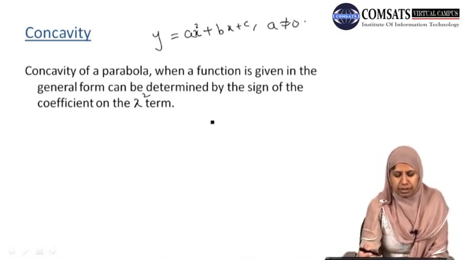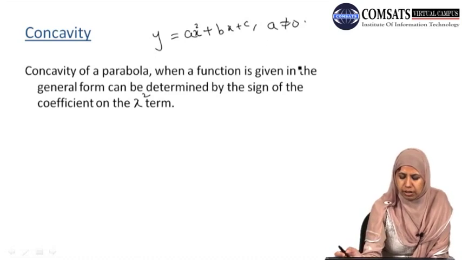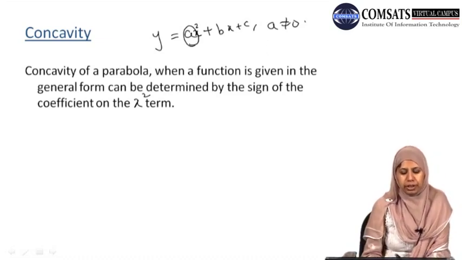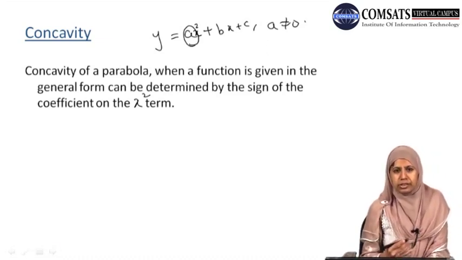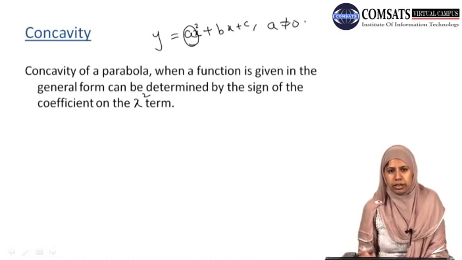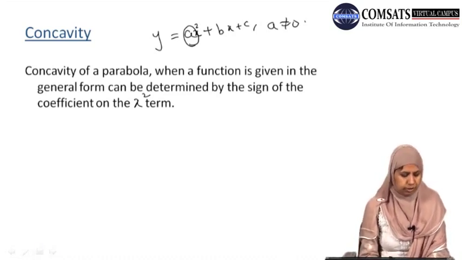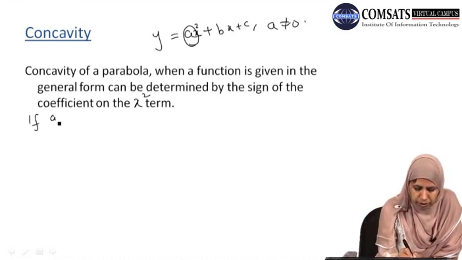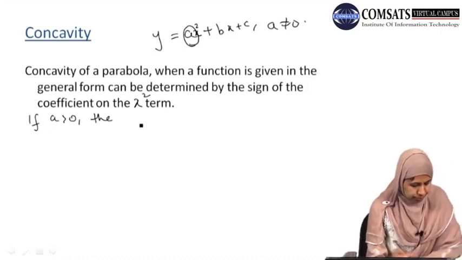What we are saying is that by knowing the sign of the coefficient on the x square term, that is by knowing the sign of this a, we can tell if the given parabola is concave up or concave down.